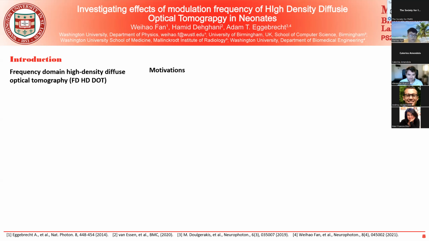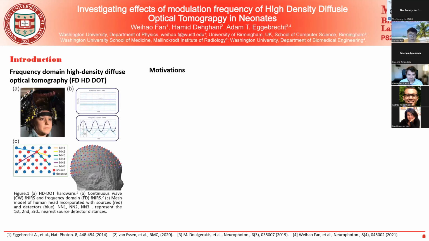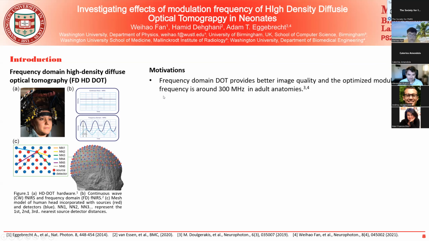We use frequency domain high-density diffuse optical tomography. We use multiple sinusoidal function modulated near-infrared light on the human head, as the figure here shows. The reason to use the frequency domain is that it can provide better image quality than continuous wave.